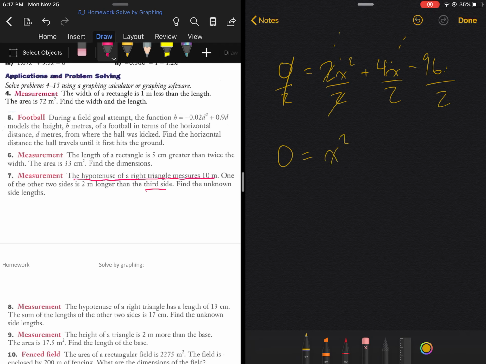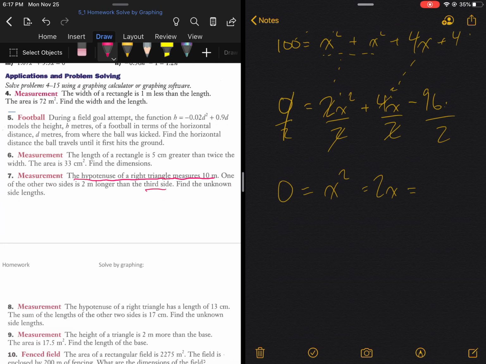So divide by 2. 0 divided by 2 is 0. 2 divided by 2 is 1. 4 divided by 2, 2x. 96 divided by 2 is, oops, why do I keep writing equal? It's not equal. It's plus. 96 divided by 2, well, that's 48.